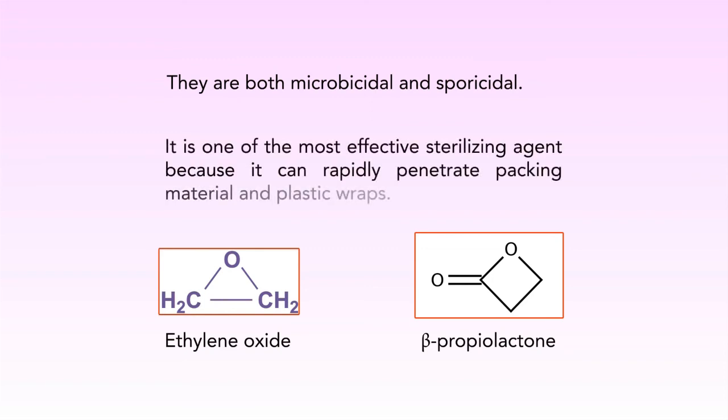It is one of the most effective sterilizing agents because it can rapidly penetrate packing materials and plastic wraps. Extensive aeration of the sterilized material is necessary to remove residual ethylene oxide as it is very toxic.